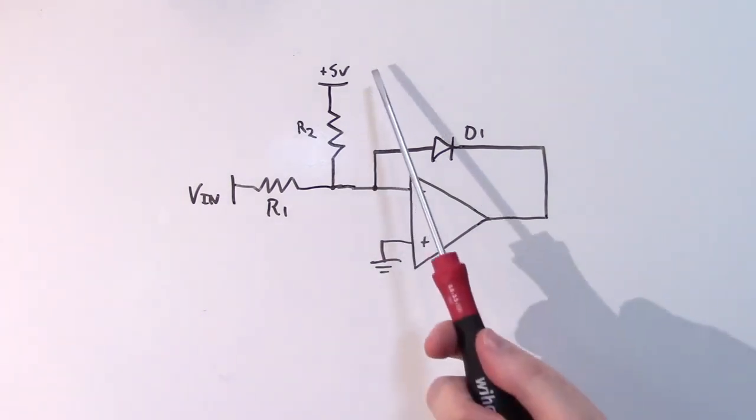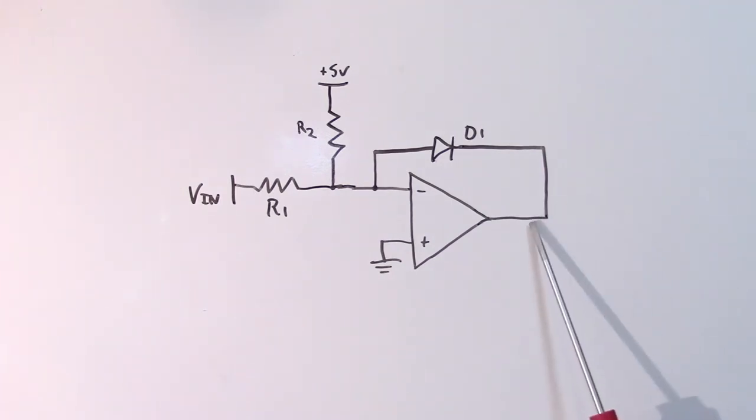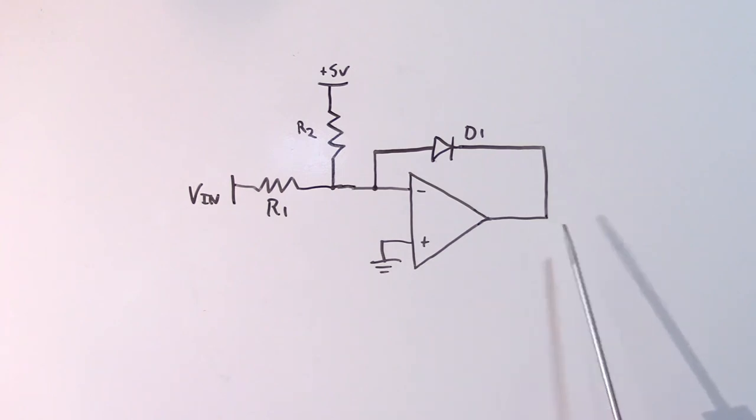Specifically, when the Thevenin equivalent voltage goes negative, the output will go high. And otherwise, the output will sit at negative 0.65 volts. For digital logic, that's close enough to 0 to be considered a low voltage threshold.